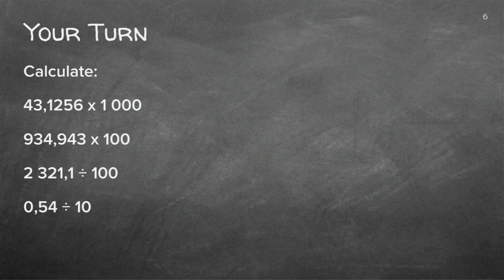Right, this is an easy one. Let's see, what is the rule? If we multiply by 1,000, we move the decimal point 3 places to the right, so our answer would be 431256.